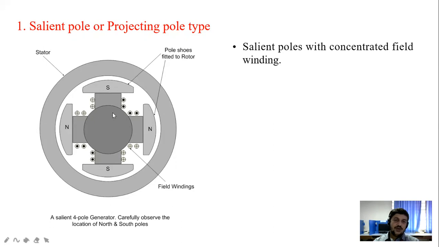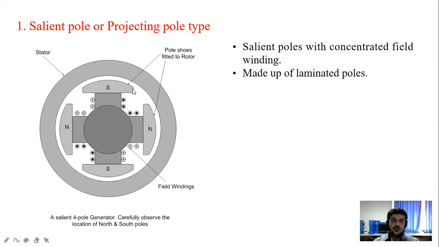That means the current flowing through the winding is adjusted so that alternate magnetic poles form on adjacent salient poles. So on this pole, if there is a south pole, then on its adjacent pole there will be a north pole. Again, this entire rotor is made up of laminated poles.